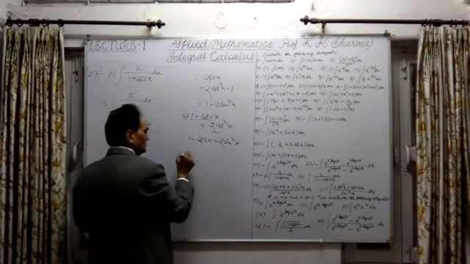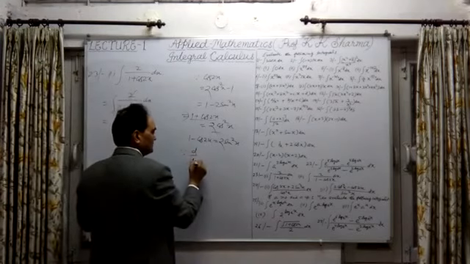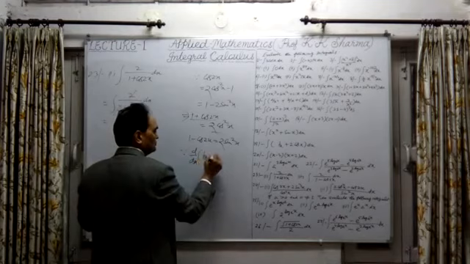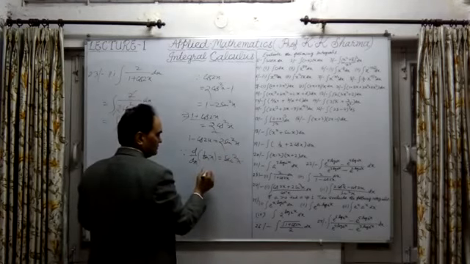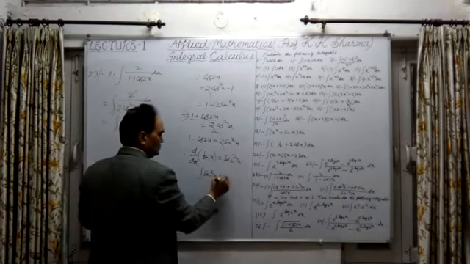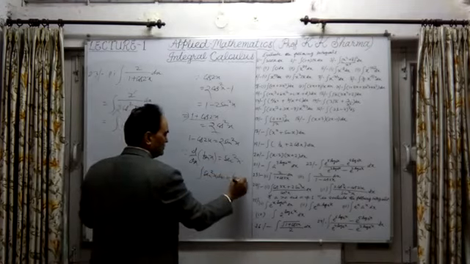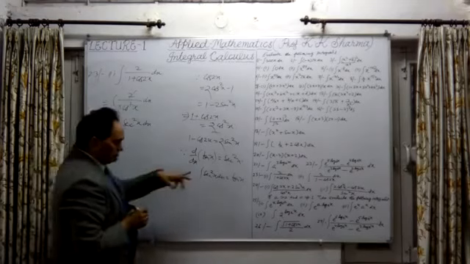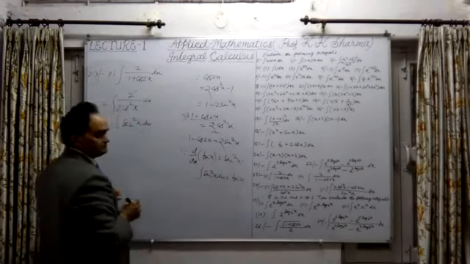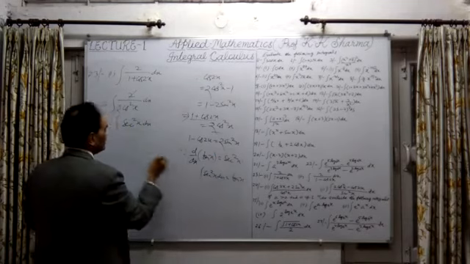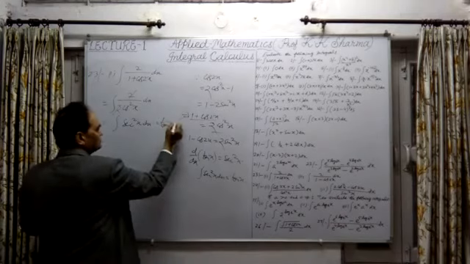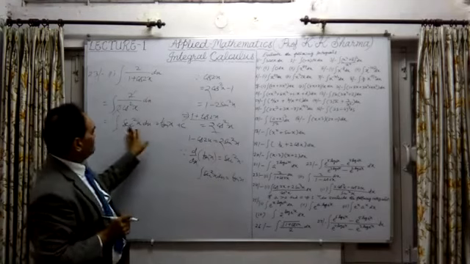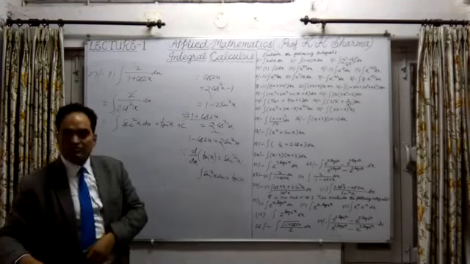Now, since d/dx of tan x we know equals secant square x, therefore the integration of secant square x into dx equals tan x. The answer here is tan x only. Plus constant can be written, but tan x is the answer. So the final answer is tan x.